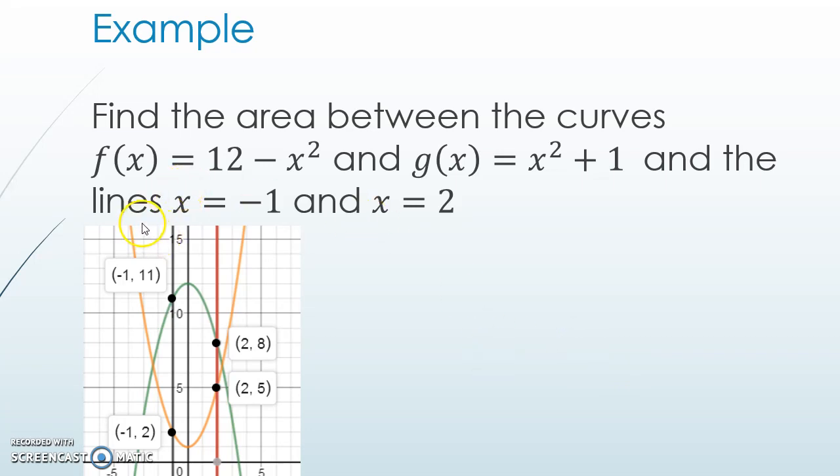So we have our two quadratics here, and black is x equals negative 1 and the red line is x equals 2. And we want to find out the area enclosed in between these curves and the lines.